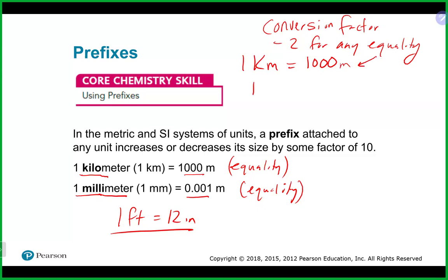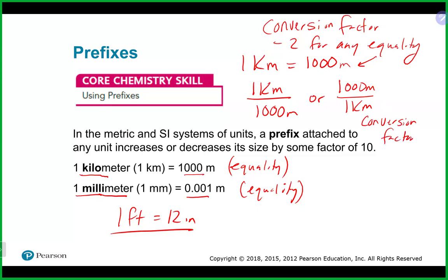We could write two conversion factors: 1 kilometer over 1,000 meters, or we could write 1,000 meters on top and 1 kilometer on the bottom. And again, these are our conversion factors that we can use in a problem. As we will talk about, we will not use both of them in the problem. We probably just use the one that we need. But these are technically two conversion factors that are available to us to solve a problem.